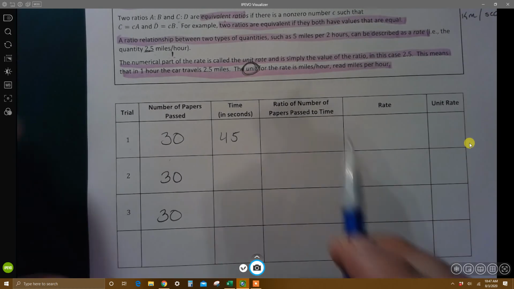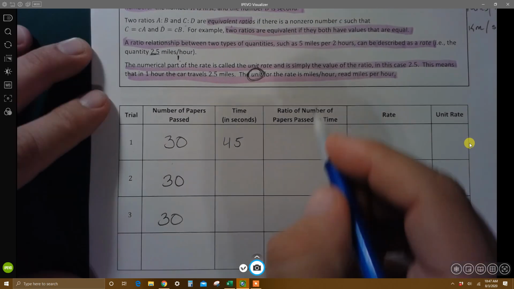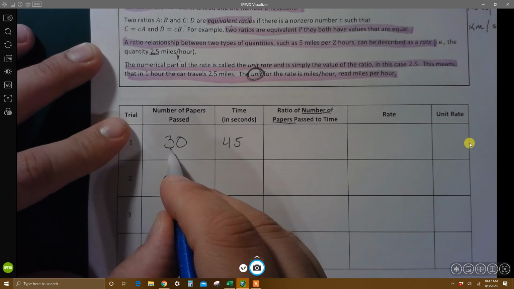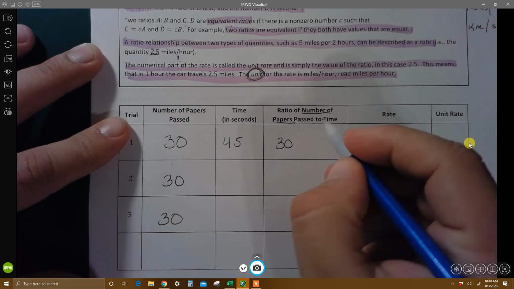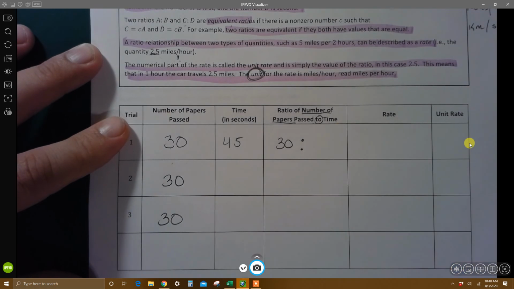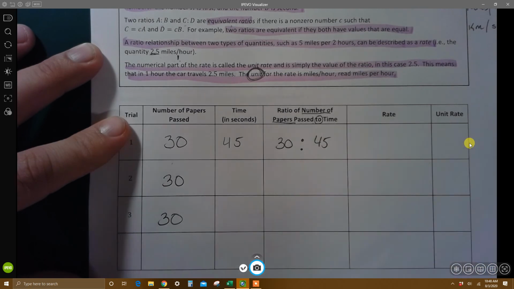So now I want to know the ratio of the number of papers passed to time. Now, see, this is what I like. This tells you the order that you're going to write your ratio. We're looking at the number of papers, which was 30 papers, passed out to time. The "to" tells us that we're going to put those little dots right there, to time, so 45 seconds.